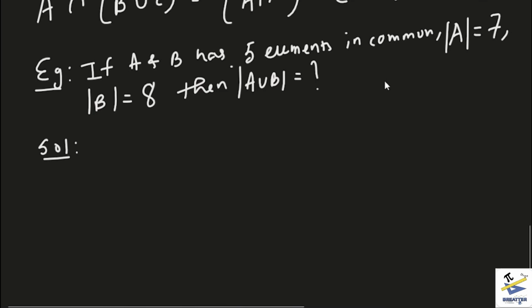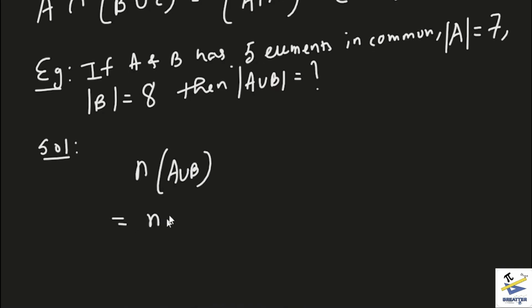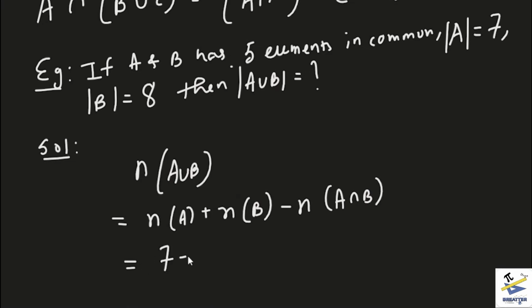So we use that formula to our advantage, and we see that the number of elements in A union B should simply be equal to the number of elements in A plus the number of elements in B minus the number of elements in A intersection B, right? This should give us 7 plus 8 minus 5, which is basically 10, right? So the number of elements in A union B is 10.